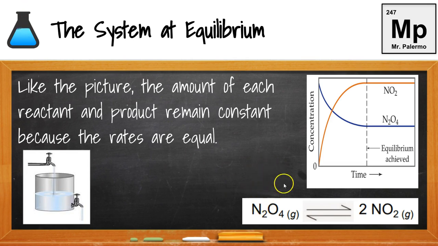If I am making NO2 as fast as NO2 is making N2O4, then the total amounts do not change. You can see that in terms of concentration. If initially I start out with N2O4, which is very high, as that starts to get used up to make our product NO2, NO2 starts to increase. And eventually, the rates become equal. And when they become equal, the amounts don't change. They stay constant at equilibrium.